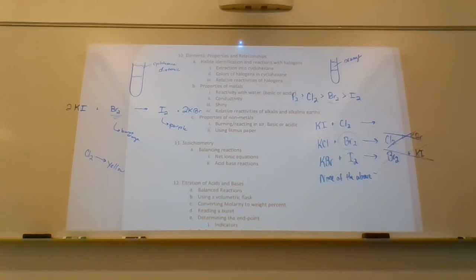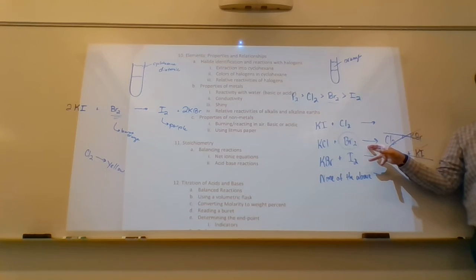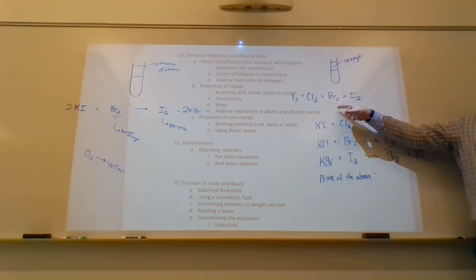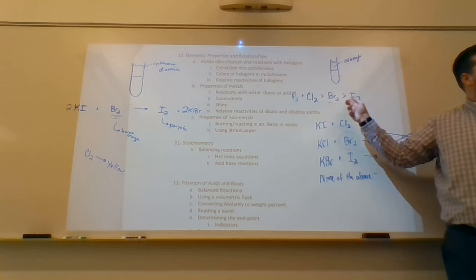You said if it turned purple, then the Br2 is stronger, right? If it turned purple, then bromine is stronger, yes. So then, in this case, if bromine, because it's orange, isn't chlorine stronger? Yeah, bromine still is stronger here. Why? Because of our trend that we learned from our lab.